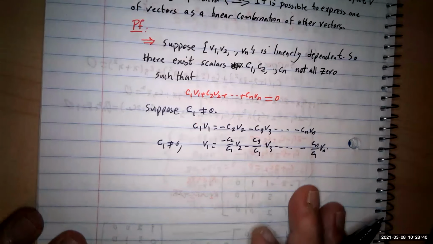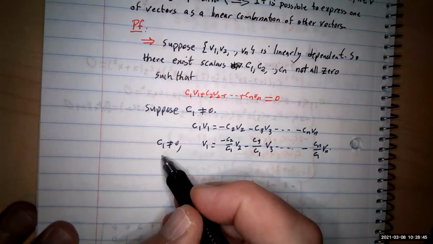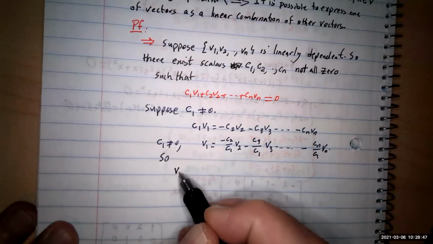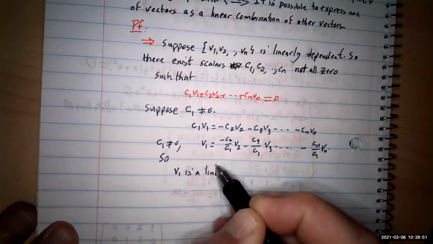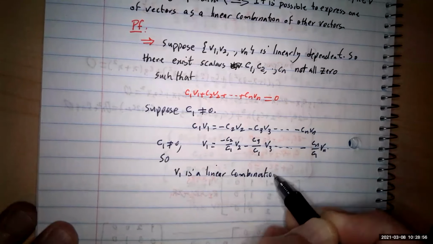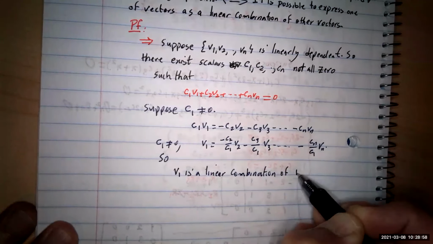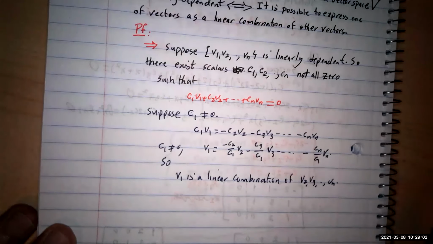That's it. So this basically means V1 is a linear combination of the others, V2, V3 up to Vn.